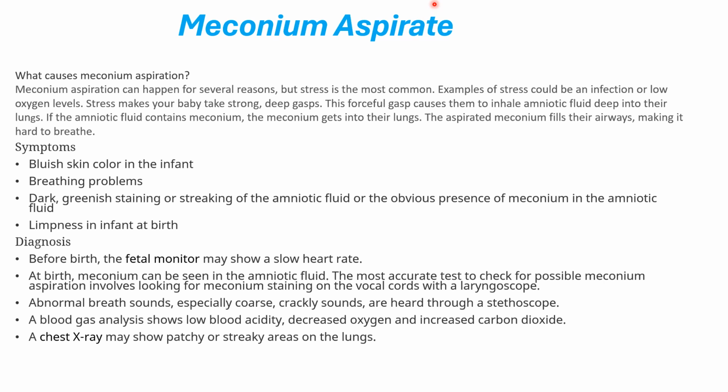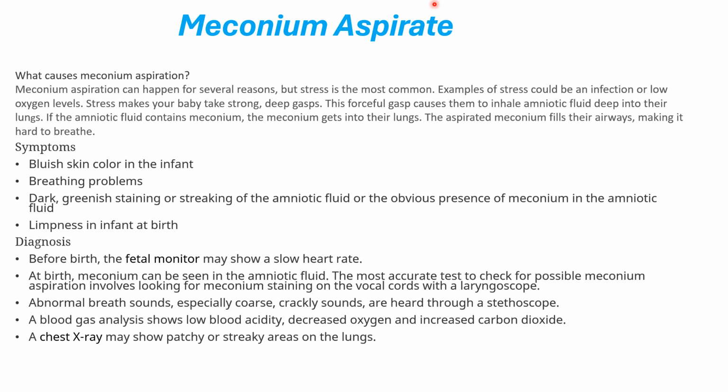It can cause chemical pneumonitis because meconium irritates the lung tissues and triggers inflammation. The inflammation will cause edema, bronchospasm, and alveolar damage. Moreover, meconium disrupts surfactant, and this will impair alveolar expansion, which in return will cause atelectasis, decreased compliance, and poor gas exchange.